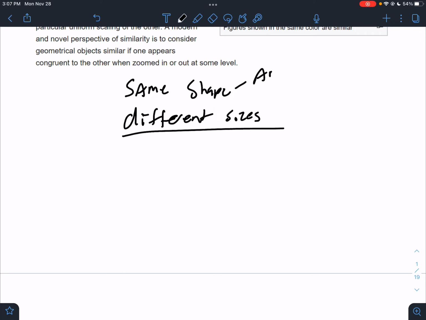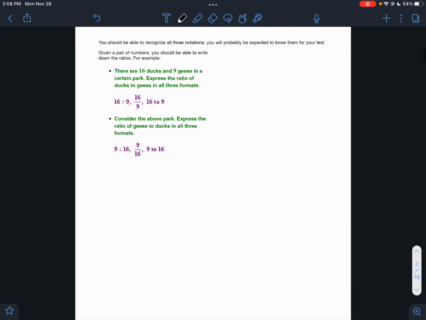This is determined by angles. We talked about this with congruency as well. This is determined by the sides. The sides are not going to be equal, but they are going to be proportional. And we'll talk about that more in a second. So same shape, different sizes. Those are going to be similar shapes.